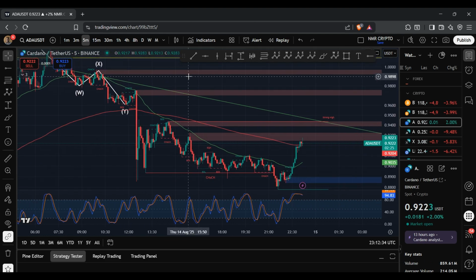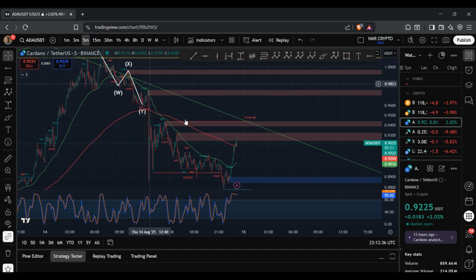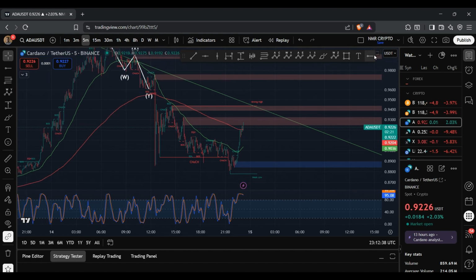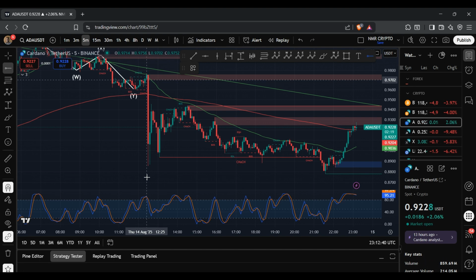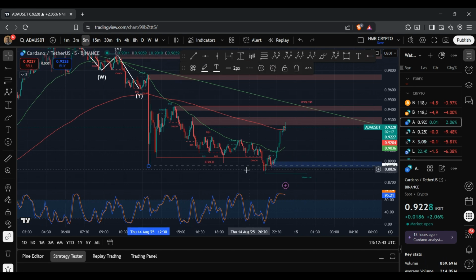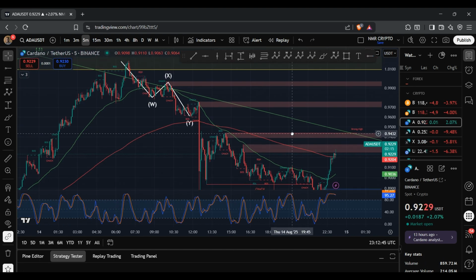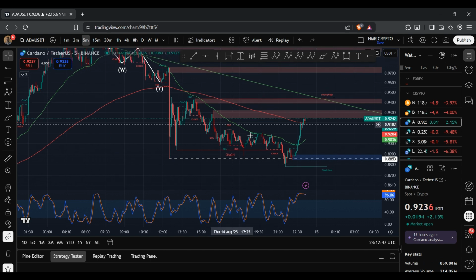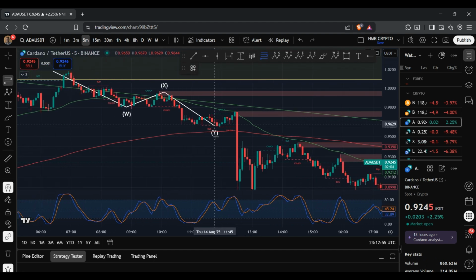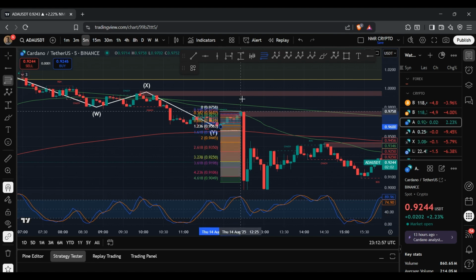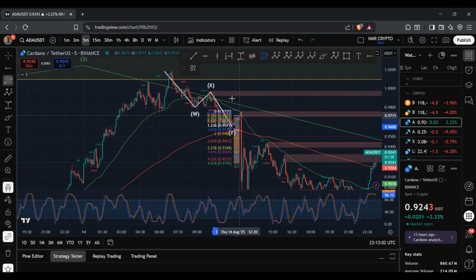And so what I'm looking at right now is a bigger WXY structure. So here you can see that we ended up breaching past this swing low, which confirmed that we were bearish. And it's possible that this whole move to the downside was actually a lot deeper than the 1.236 level. So very quickly, if I bring in a Fib tool, here we ended up reaching 97.58 cents.